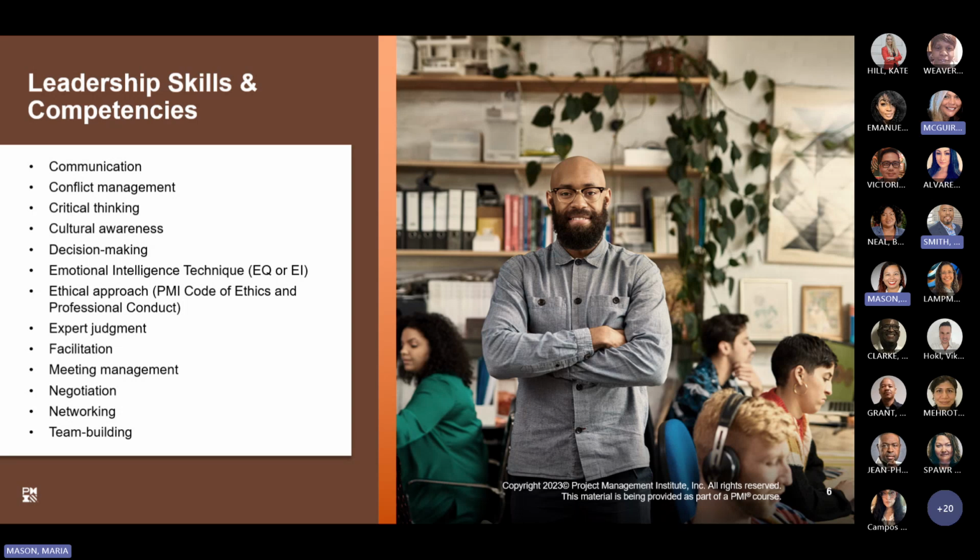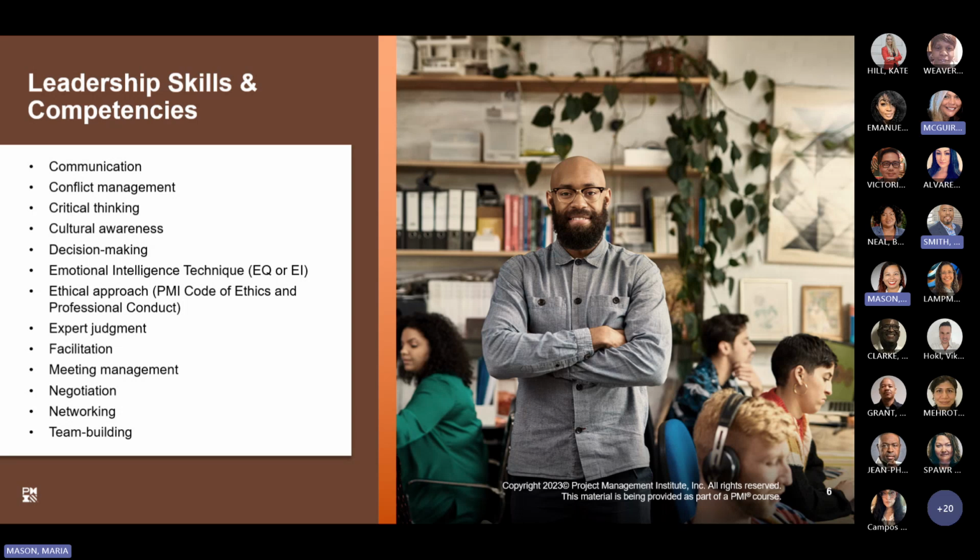The performance of a project manager and the effectiveness of a leader are both measured in terms of the performance of the team, right? So when you have a strong leader leading the project, you will have a much higher performing team. The skills you see here are skills and competencies that will be covered throughout this lesson.